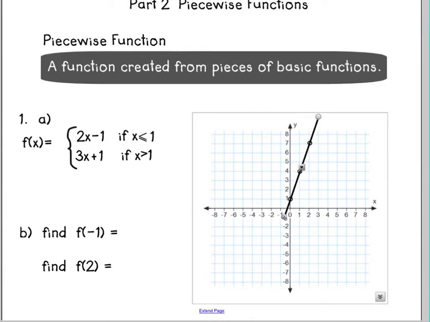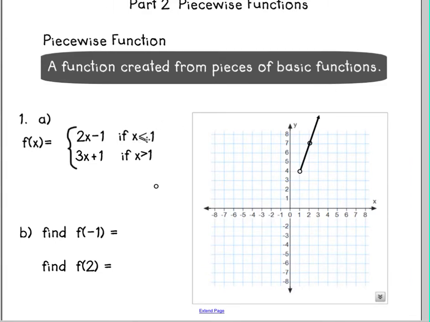Now, sticky notes are kind of good for covering things up, but if I had a pencil, which I don't have here, but I can take care of it, I want only x's that are greater than 1. Well, x is equal to 1 right here, so this line, I would erase it back to this point right here, and that's where my open circle needs to be, right there where x is 1. So I don't need this here.